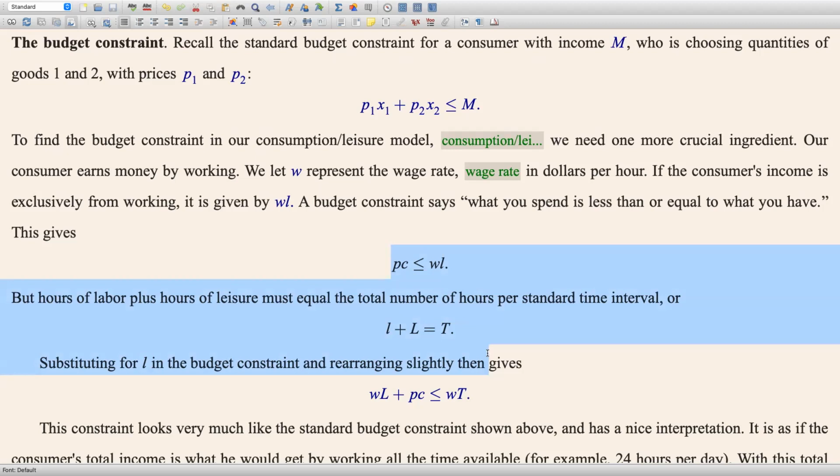Very Anglo tradition, right? Only eat if you work. So W times l. Okay, there you go. That's the second part of the budget. So we haven't introduced yet the additional part of the problem, that is what happens if you have non-monetary, non-labor income, right? We're gonna add that later. Now we're just gonna deal with this.